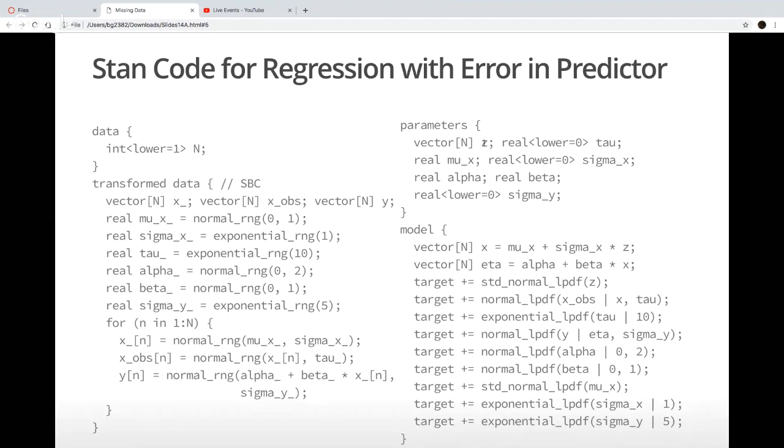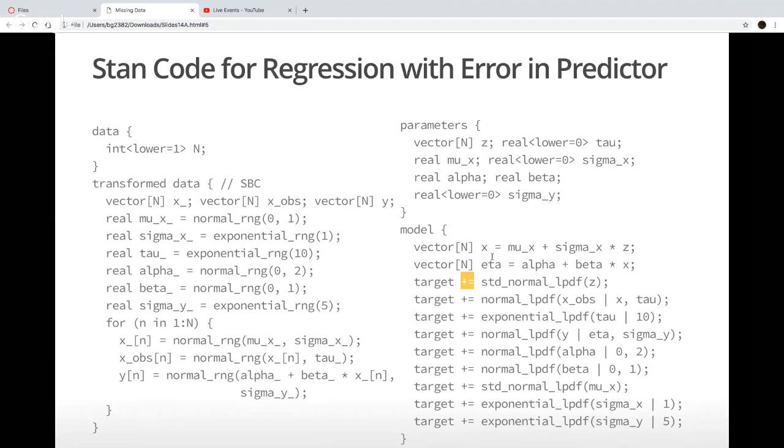So what you can do, without changing the posterior distribution for alpha and beta and sigma x and mu x or any of those other things, is declare z as your parameter and give it a standard normal prior. Now z under the prior is independent of sigma x and mu x and everything else for that matter.